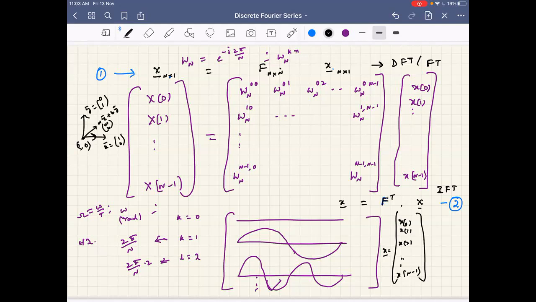Is this clear? Yes, sir. These are referred to as basis vectors, x bar and y bar.